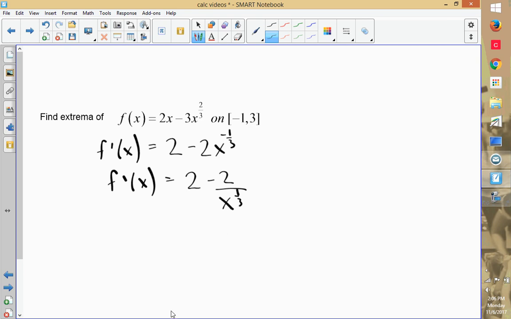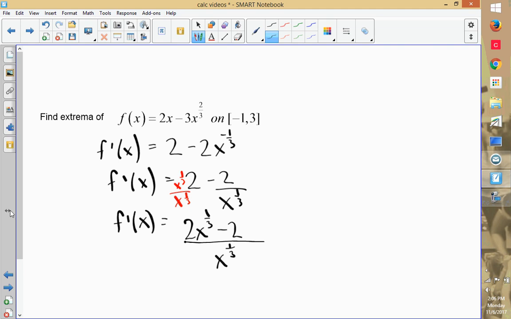And this is exactly the beginning of the reason why we wanted to have everything in one fraction when we were finding derivatives, simplified and factored as much as we could, because of finding critical numbers. So we'd have x to the 1/3 in the denominator. I'm going to multiply by a well-chosen one right here so that I have a single fraction there.